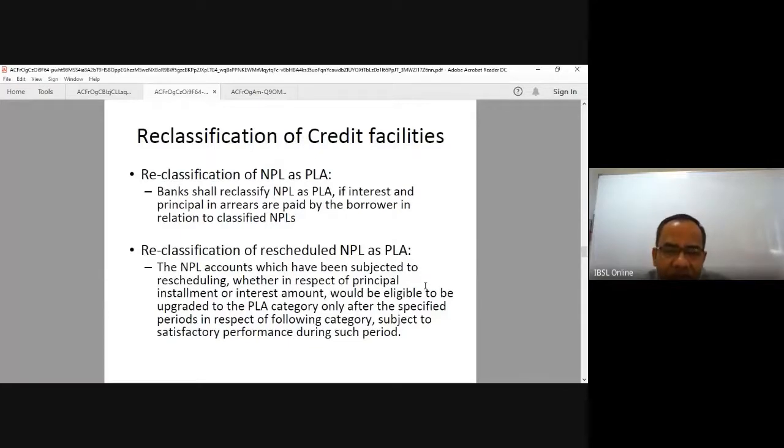But in the case of rescheduled loans, we do reschedule. Rescheduling is what? If a particular facility, either as a performing advance or as a non-performing advance, why we reschedule is that the current cash flow of the customer is not sufficient to pay the installments.